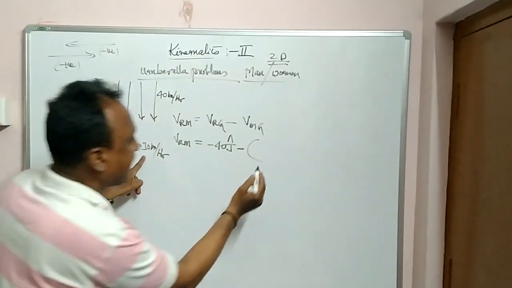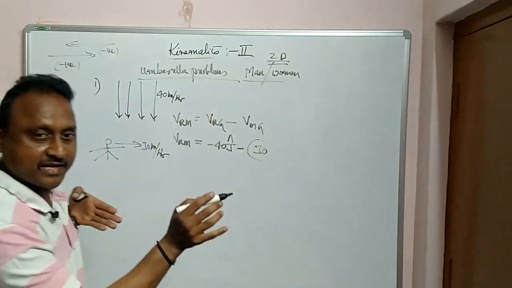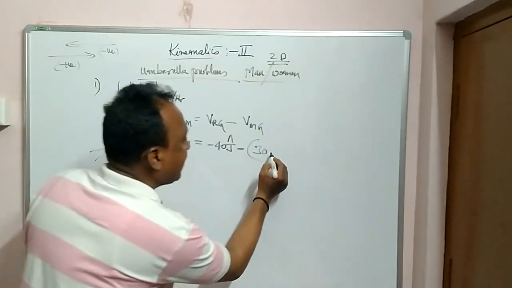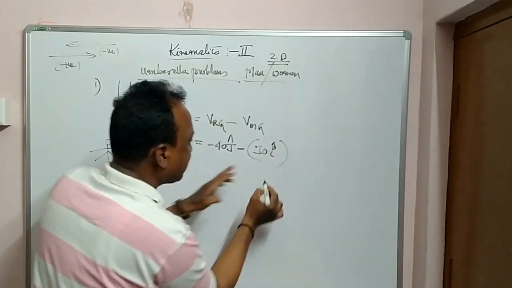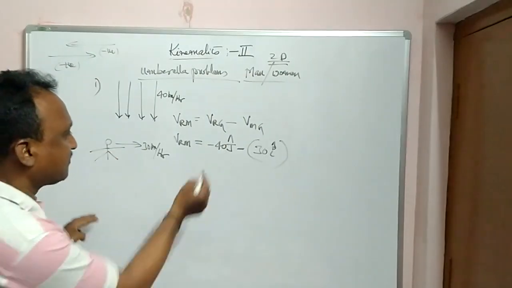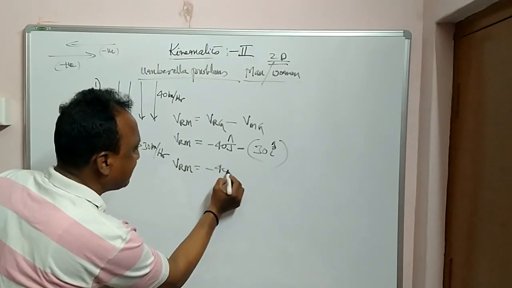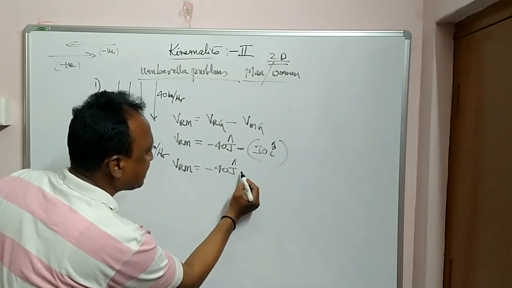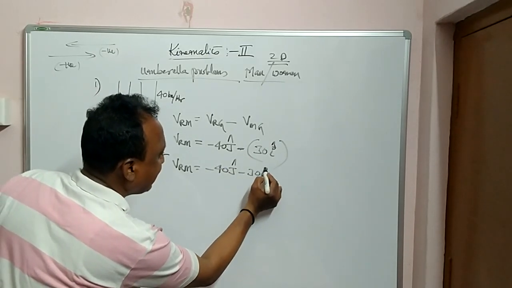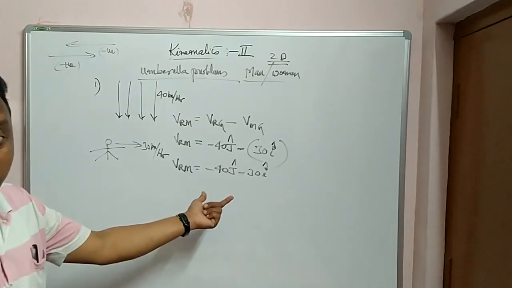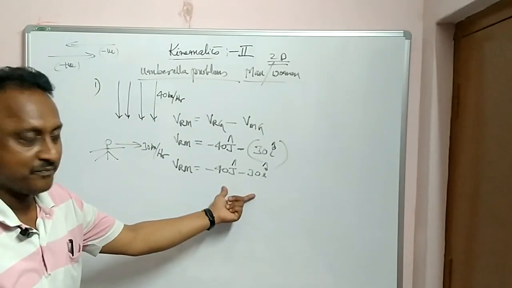So what is the velocity? 30. Along the x direction. So 30 i cap, because i is the unit vector along the x direction. So velocity of the rain with respect to man is minus 40 j cap minus 30 i cap. So here we got two dimensions in vector form, i and j.